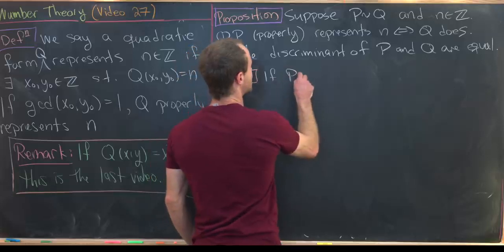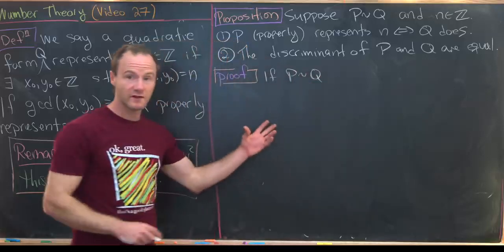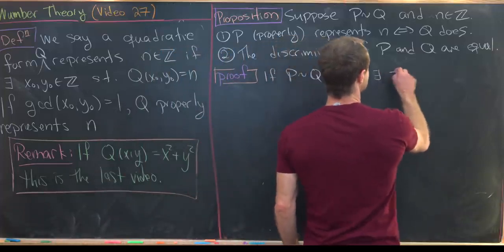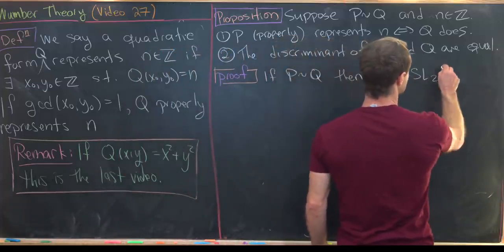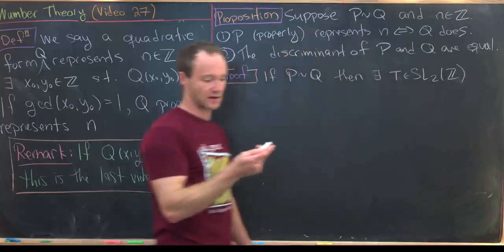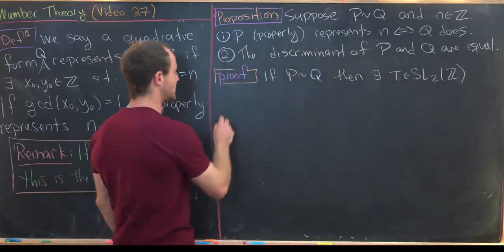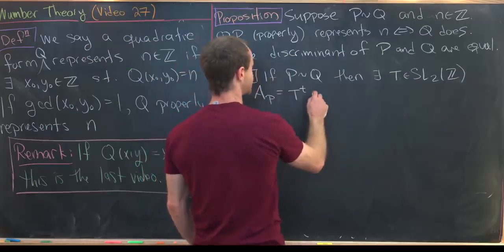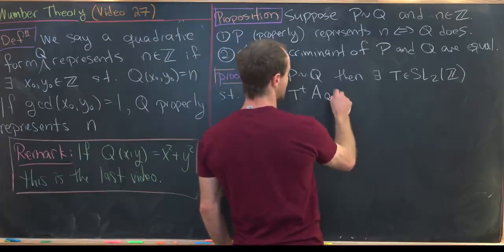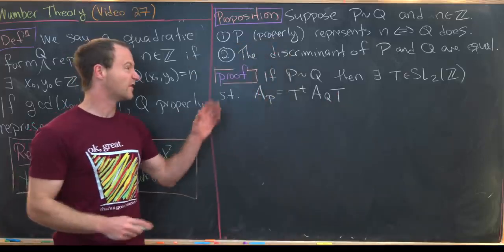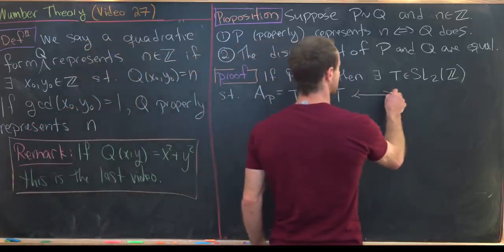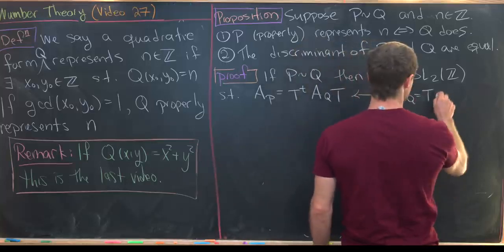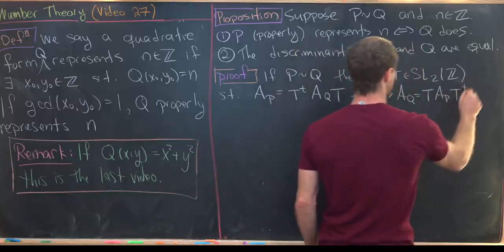So if P is equivalent to Q, then there exists some T in SL2Z, as we discussed on the last board, such that A sub P equals T transpose A sub Q T. But notice that we could flip this to say that A sub Q is equal to T A sub P T transpose.